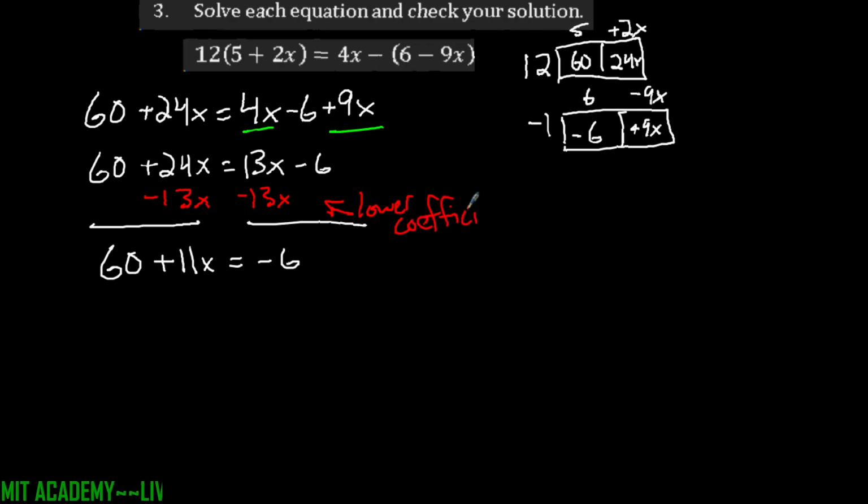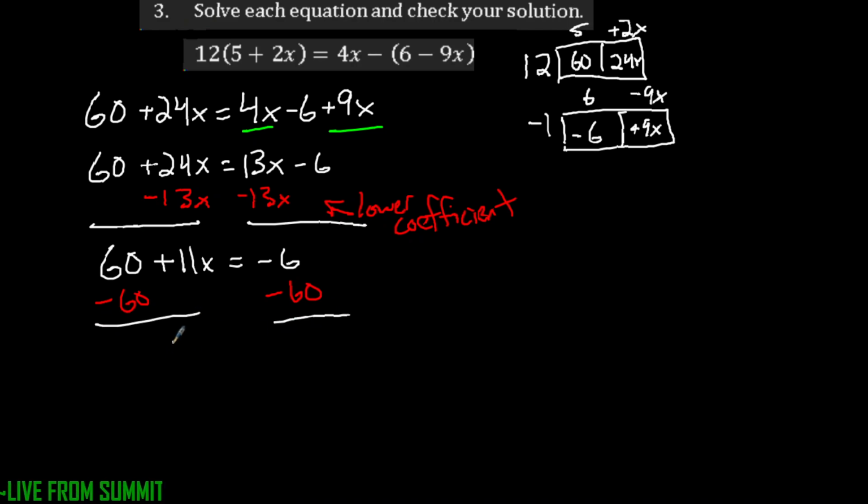That's why I subtracted 13x from both sides. Now I can get the constants on one side, so I need to subtract 60 from both sides. So I have 11x equals negative 66. Then I divide both sides by that coefficient, 11, to get my answer.